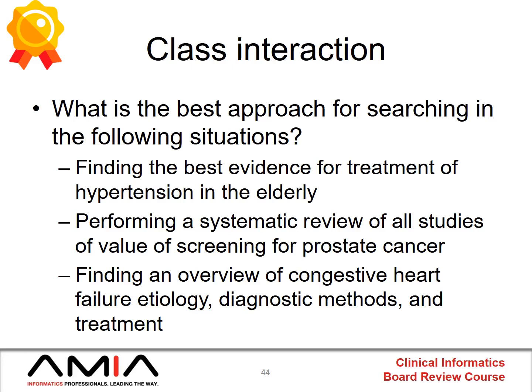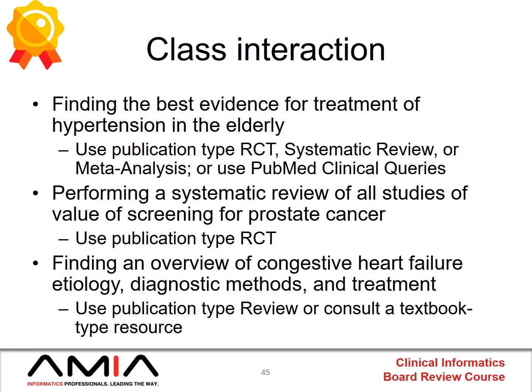So for example, finding the best evidence for treatment of hypertension in elderly patients. Second, performing a systematic review of all studies of value of screening for prostate cancer. And then finally, finding an overview of congestive heart failure etiology, diagnostic methods, and treatment. What approaches would you take for these questions?